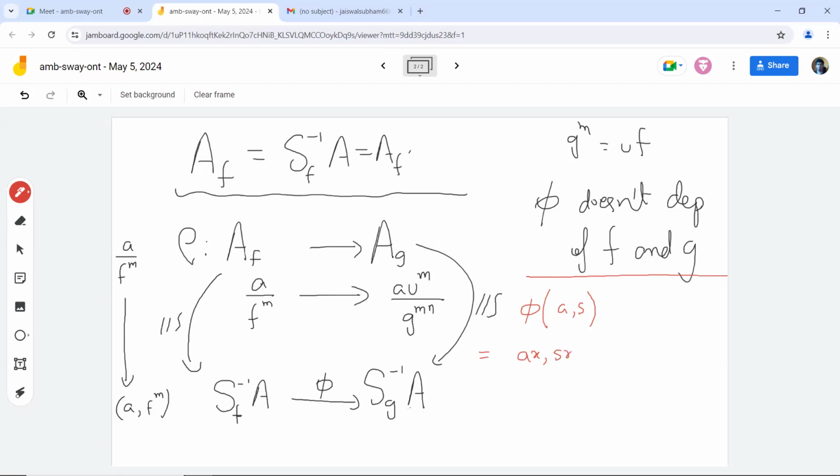So just write it like this, right? Phi of this, and this is same as phi of ax to the power f to the m. And then we send it to this, and we send this to a.